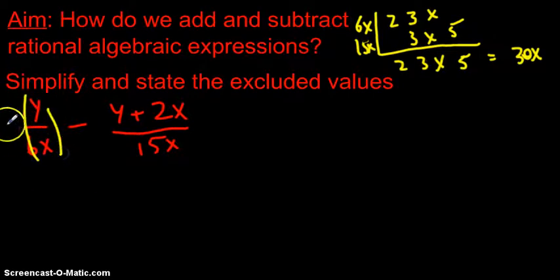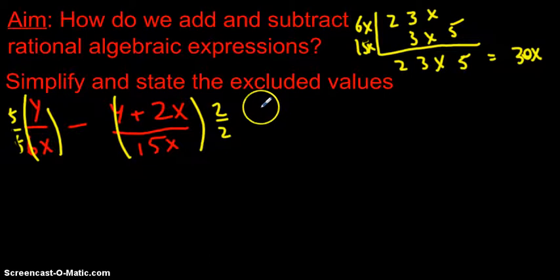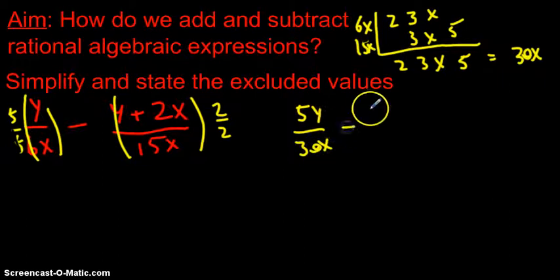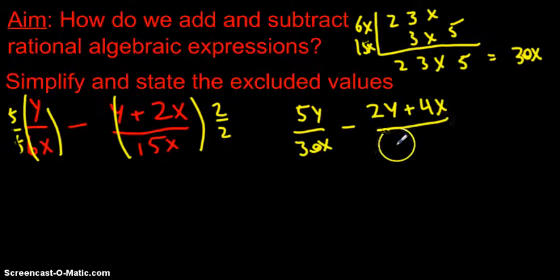So we're going to multiply the numerator and denominator here by 5 to get 30x, and the numerator and denominator here by 2. So our new fraction will be 5y over 30x minus 2y plus 4x over 30x.